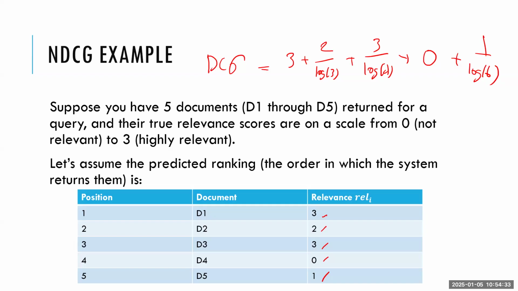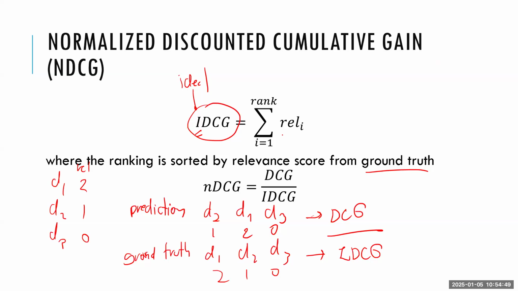So this is the DCG from our answer, from the prediction. So what about the ideal DCG? I think for this equation, I forgot to divide it by log i plus 1. It should have the same log i plus 1 at the bottom because it's also discounted.